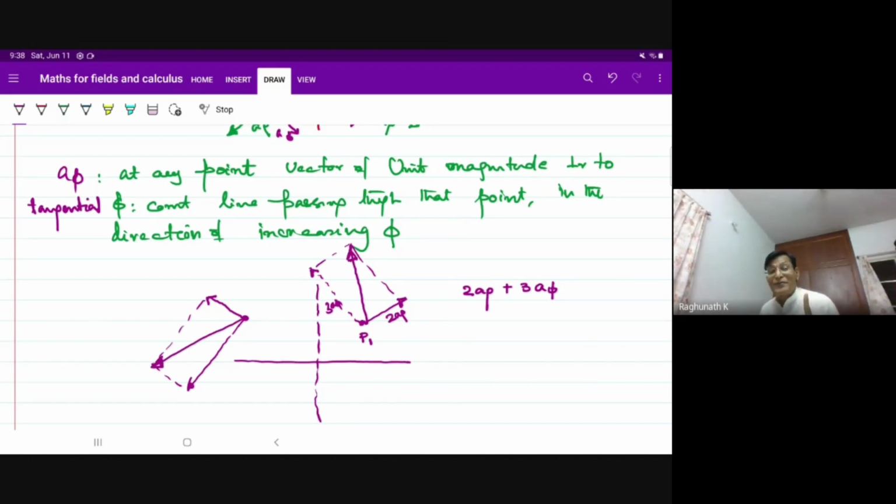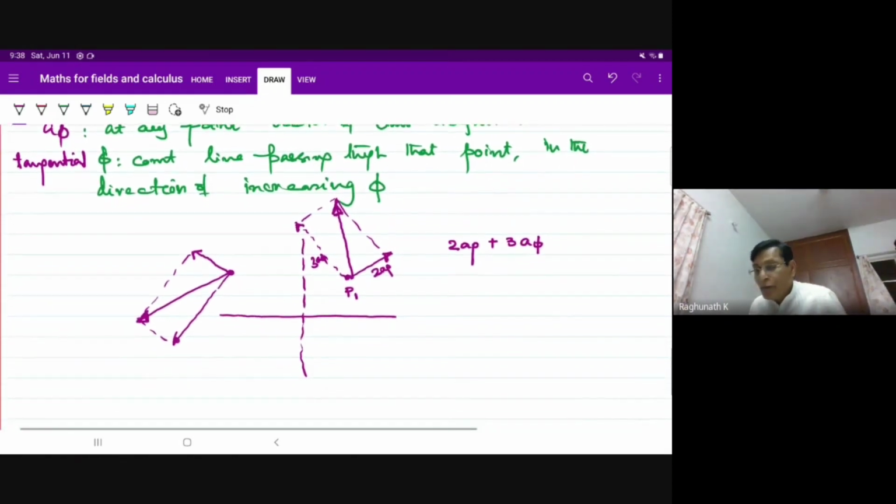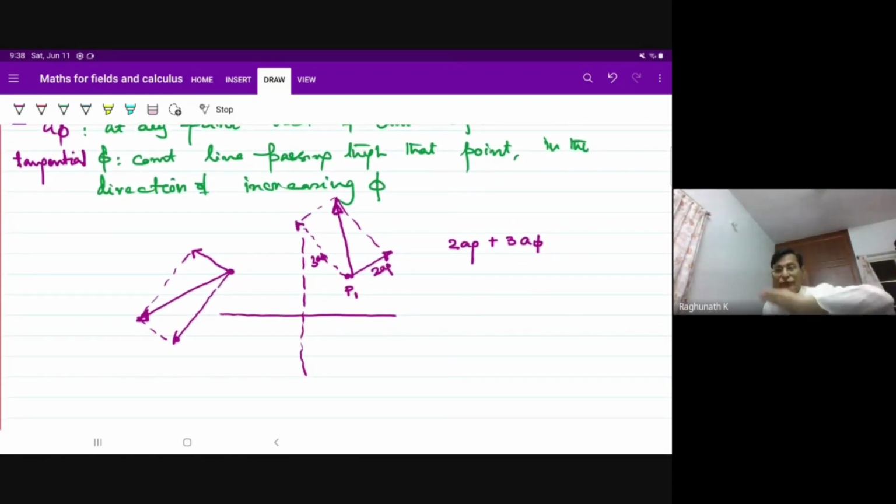The magnitude is definitely the root of 2 square plus 3 square, no doubt about it. It's enough if you can appreciate that at all points on this line, with the same phi, the vector will have the same direction.